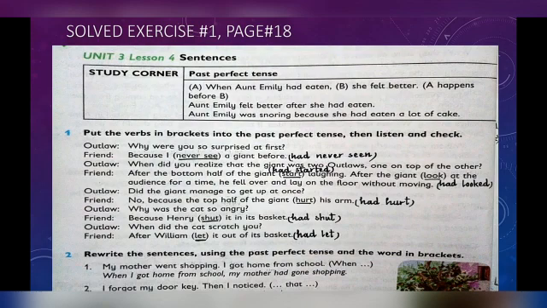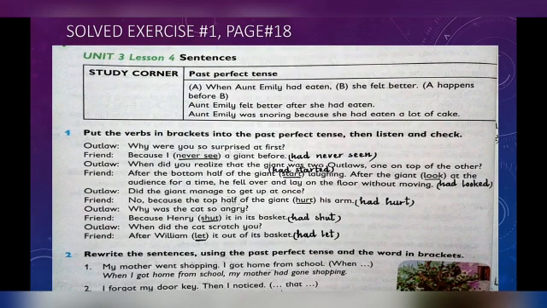Then Outlaw: when did you realize that the giant was 2 outlaws, one on top of the other? Friend: after the bottom half of the giant started laughing. So "start" is again a verb in brackets. You will underline this first form of the verb.